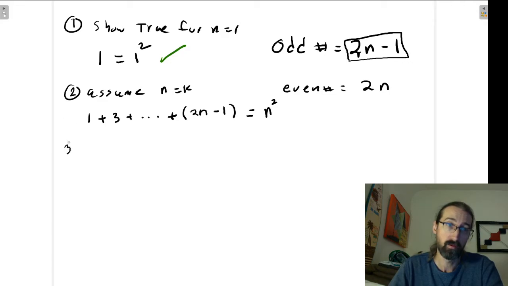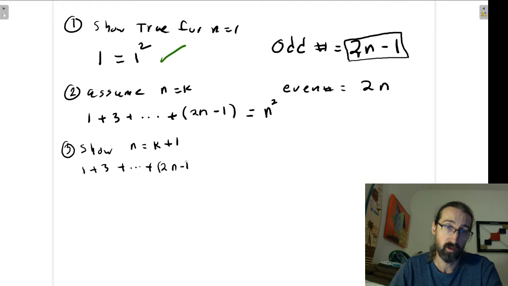My next step is to show that it works for k plus 1. So if I do 1 plus 3 plus dot dot dot plus 2n minus 1, right, there's my nth odd number.